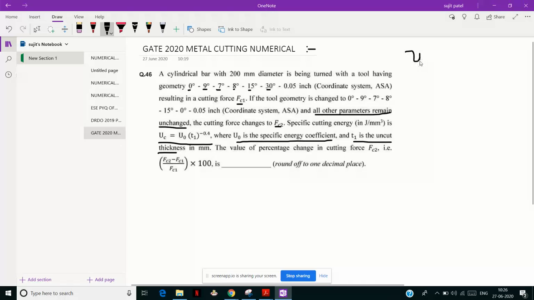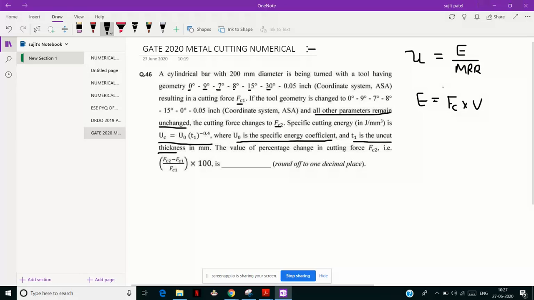For this, conceptually we will use 3 to 4 formulas. We know that specific cutting energy u is given by the energy required for cutting upon material removal rate. And the cutting energy E is the cutting force and cutting velocity V. Here it is written that all other parameters remain unchanged.